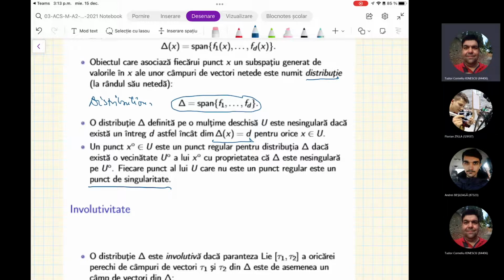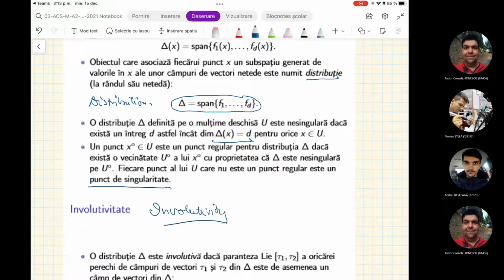Right. Another important property of distributions is involutivity.